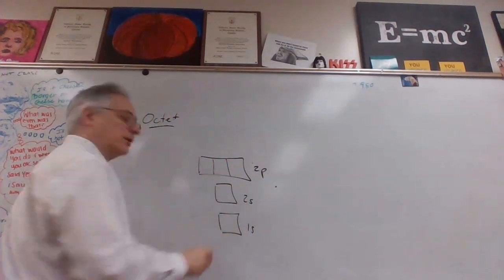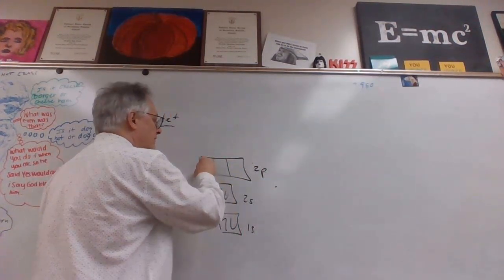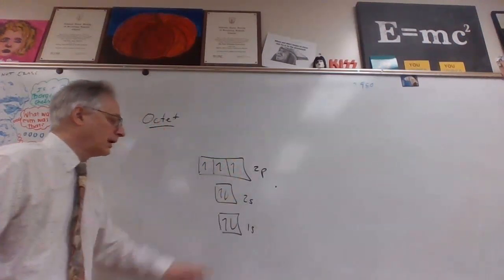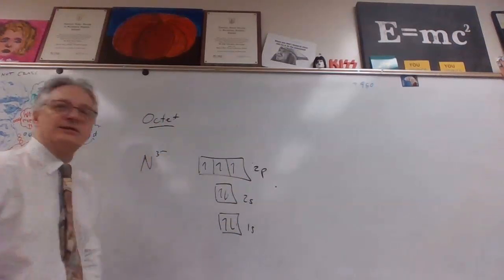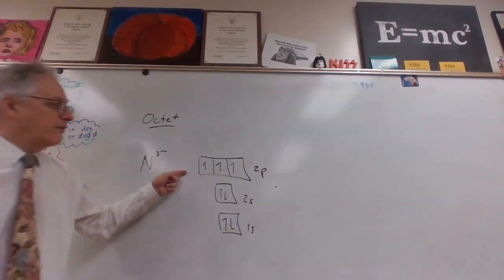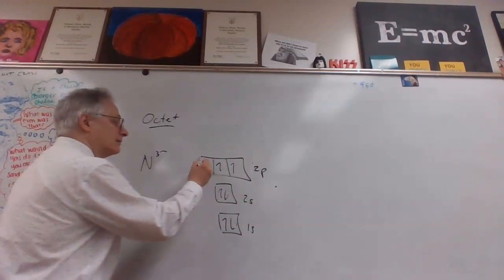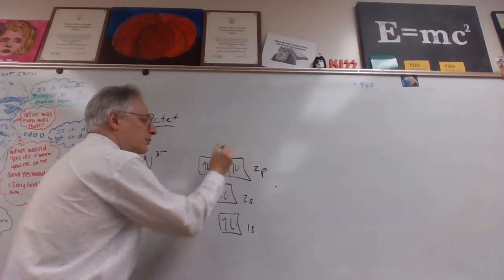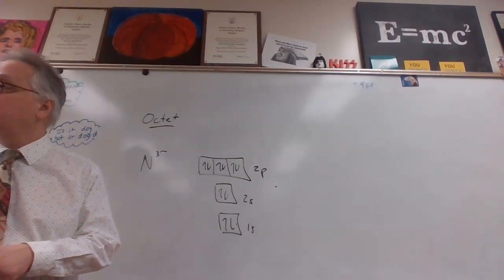So for nitrogen, we have 7 electrons, 1, 2, 3, 4, 5, 6, 7. And I told you, hey, nitrogen, when it forms nitride, it gets a -3 charge. Well, remember, we want a full octet. So we're going to get 1, 2, 3. We're able to accept 3 electrons, and that accounts for the -3 charge.